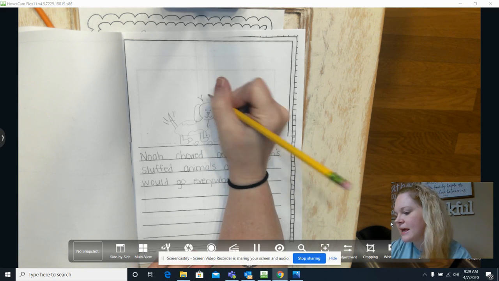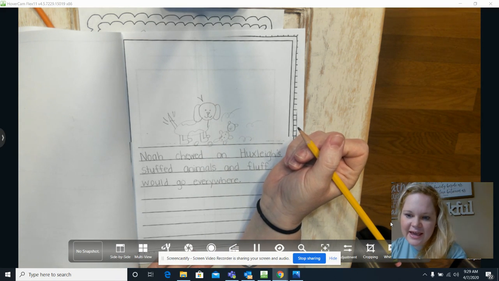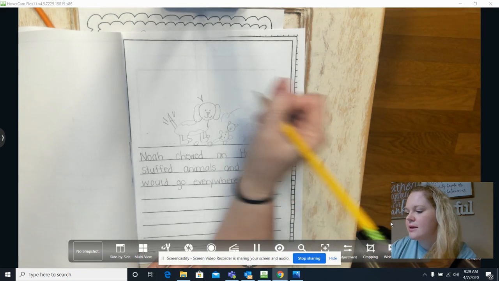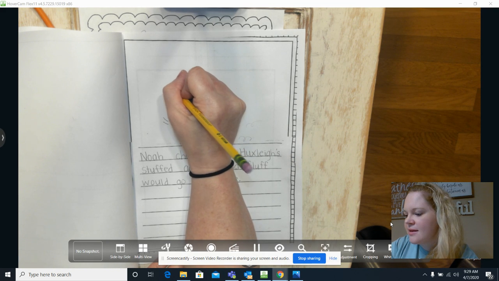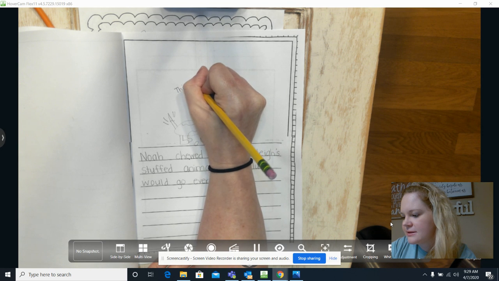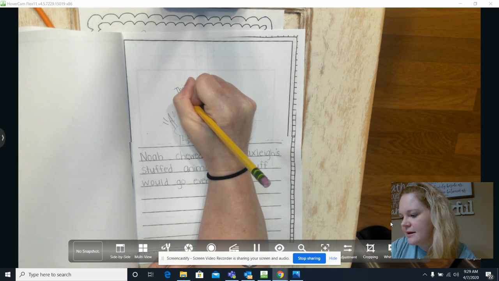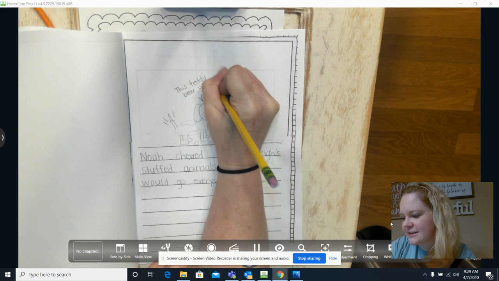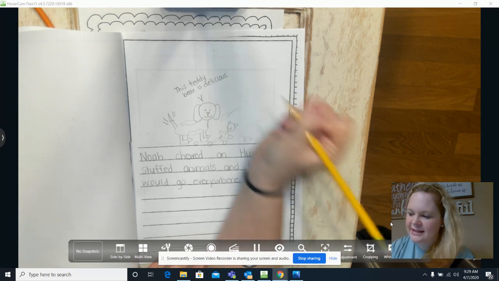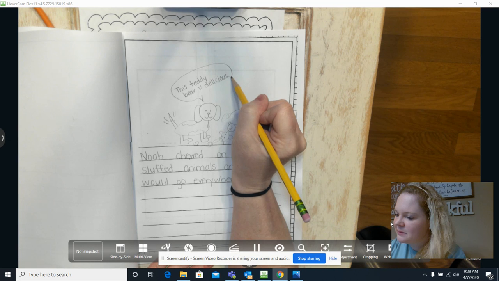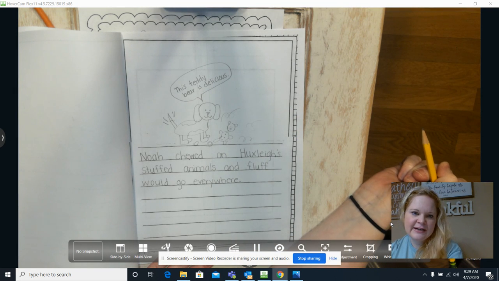Maybe I can draw a speech bubble of what she might be thinking instead of what she would be saying, right? Because dogs don't really talk. But I could write, "This teddy bear is delicious." Maybe that's what she would be thinking, right? Okay, so I'll draw my speech bubble around it for her to say, "This teddy bear is delicious."